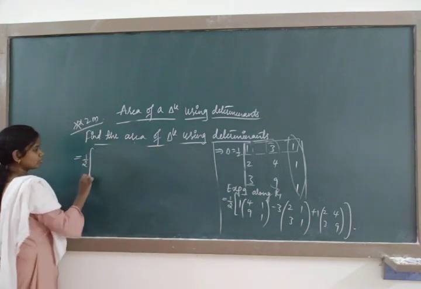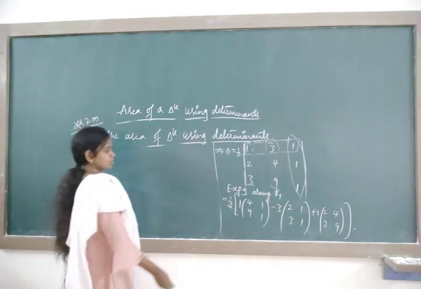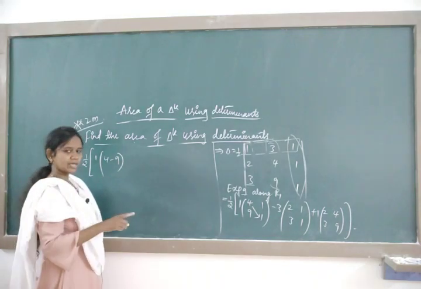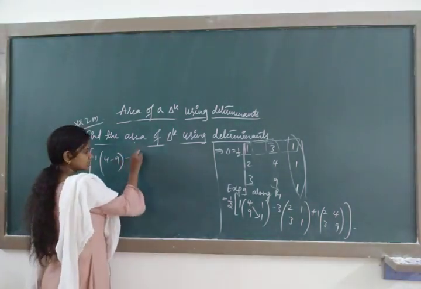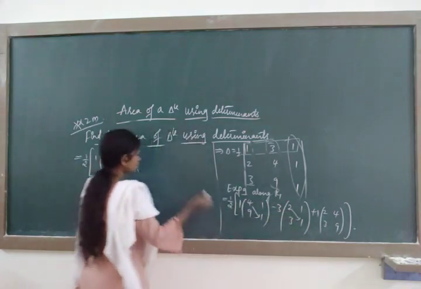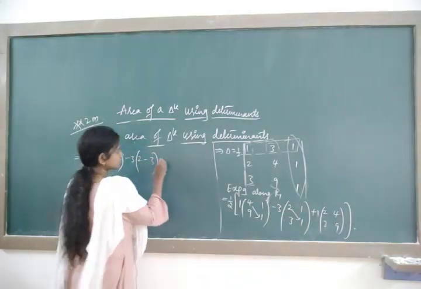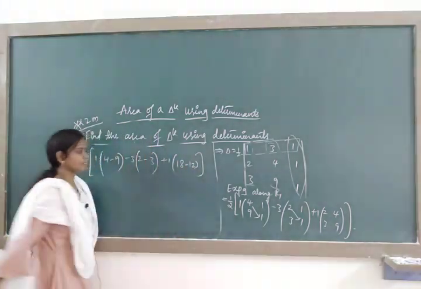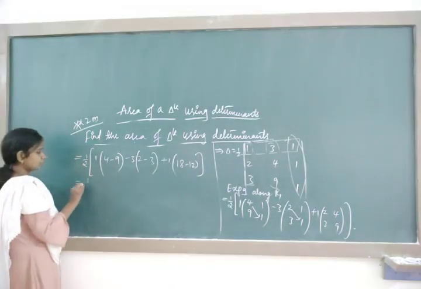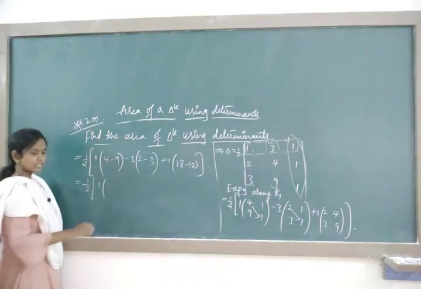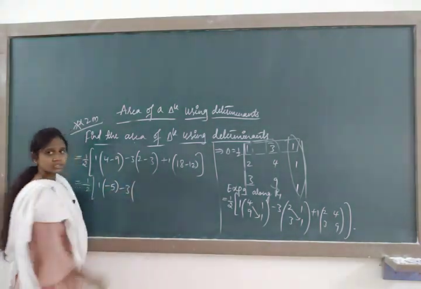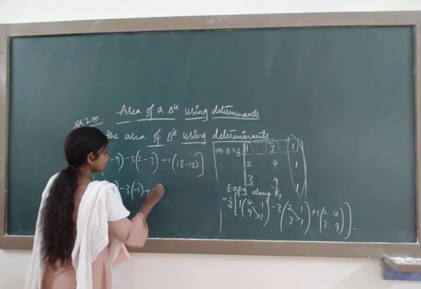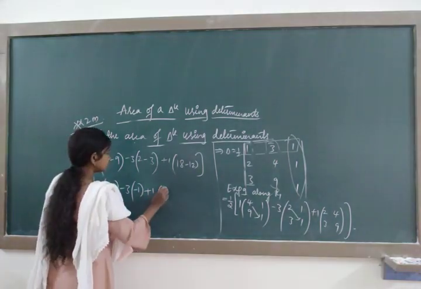1 by 2 of 1 of, 4 minus 9, primary diagonal minus secondary diagonal, minus 3 of, 2 ones are 2, 2 minus 3, plus 1 of, 2 nines are 18, 4 threes are 12. So this implies 1 by 2 of 4 minus 9, it's minus 5, minus 3 of 2 minus 3 will be minus 1, plus 1 of 18 minus 12 will be 6.